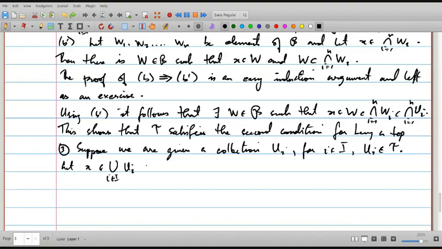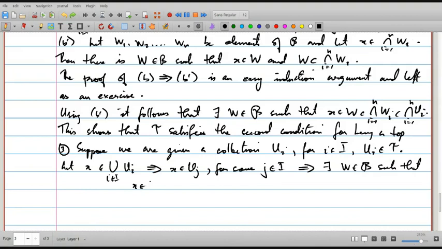So we take an element x in the union, and so this implies that x belongs to Uj for some j in I. And since Uj is in tau, there is W in B such that x is in W is in Uj, and this implies that x is in W is in the union of the Ui.